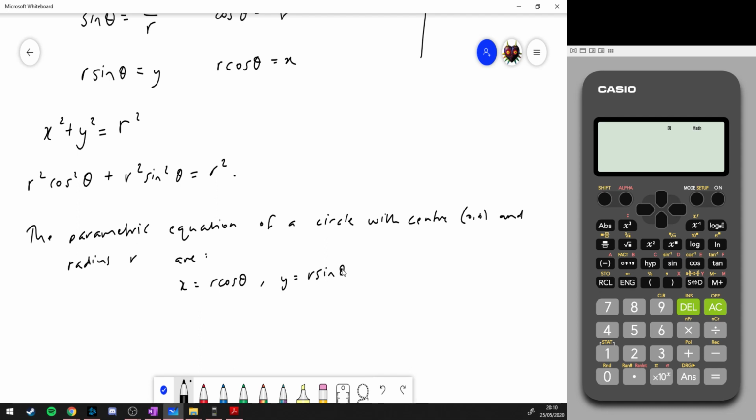And with center (a, b), so the center is somewhere else, and radius r, x is equal to a plus r cos theta and y is equal to b plus r sine theta.